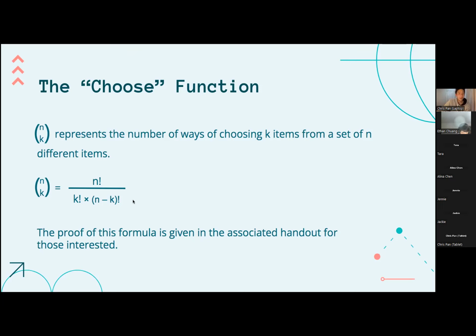So just for example, if there were three objects, let's say A, B, C, and I wanted to choose two of them, try using this formula and see what number you get. You can message me the number.